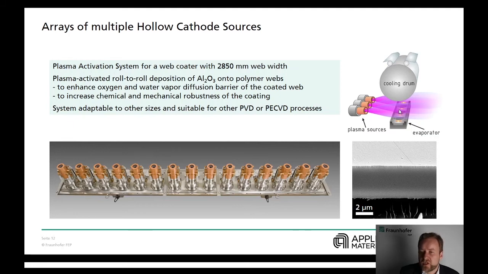We have oxygen as a reactive gas, and these plasma sources which activate the vapor. And so it's possible to get coatings which enhance the oxygen and water vapor diffusion barrier on this substrate, and the coatings also get chemically and mechanically more robust. An application for this is food packaging.